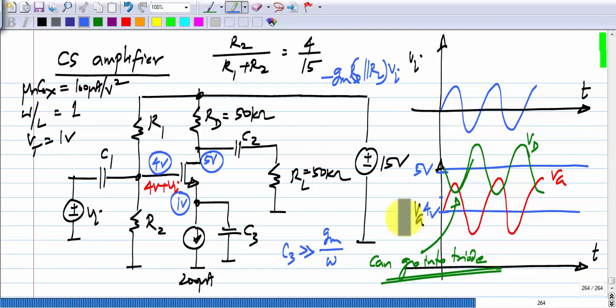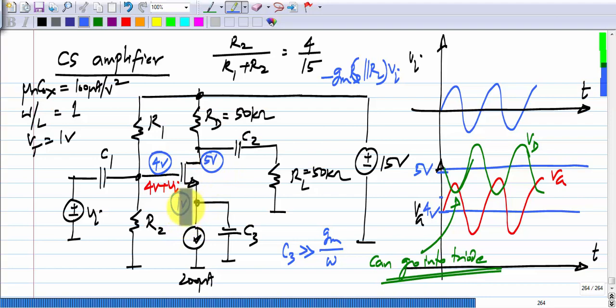Similarly in the other direction, as Vi falls, the gate voltage is falling. The source voltage is fixed. The gate source voltage has to be above the threshold voltage for the transistor to be on. So as the input swings negative, the gate voltage falls below 4 volts, and the VGS of the transistor can go below a threshold voltage. Then the transistor can cut off.